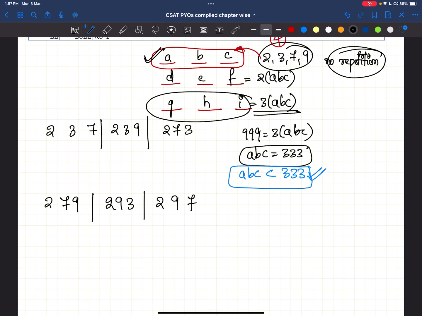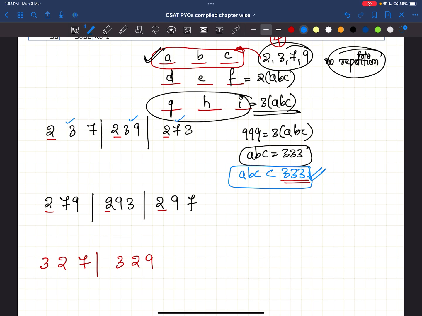Okay, right? Now what is the other possible number? Next we are done with keeping 2 in the hundreds place. Now let's keep 3 in the hundreds place. What will be the number? And now we can't go beyond 333. So these are the possible numbers which you can put in the first row.